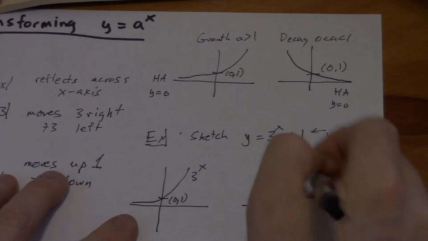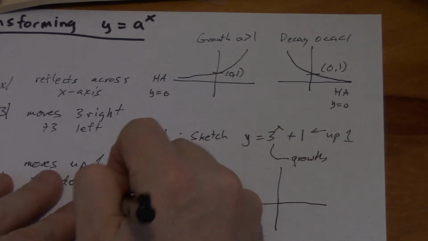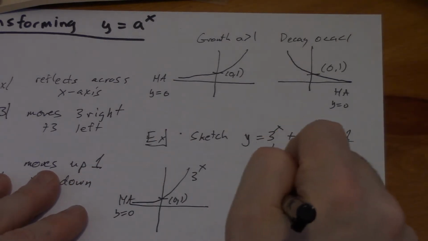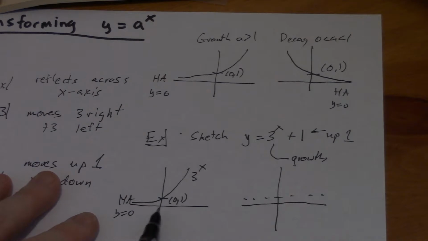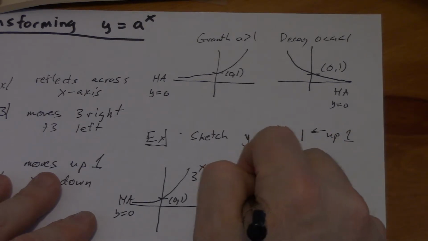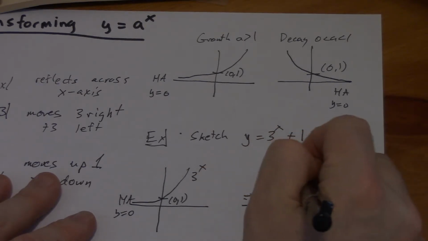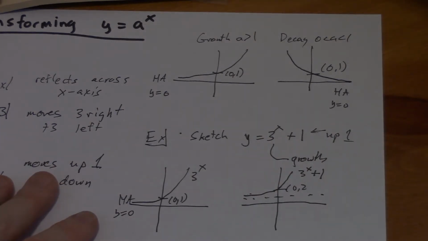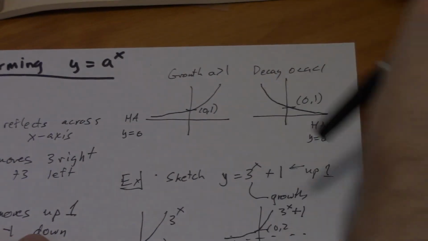So this horizontal asymptote, if I move that up 1, instead of being y equals 0, it's going to be y equals 1. And instead of this point going through 0, 1, it's going to go through 0, 2. And this would be 3 to the x plus 1. Okay, easy enough.